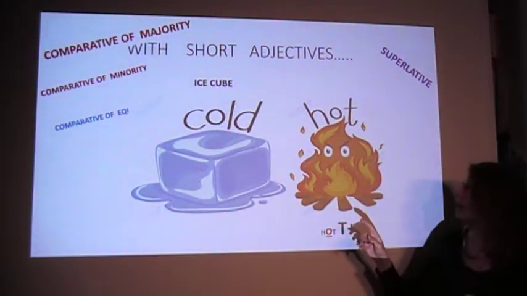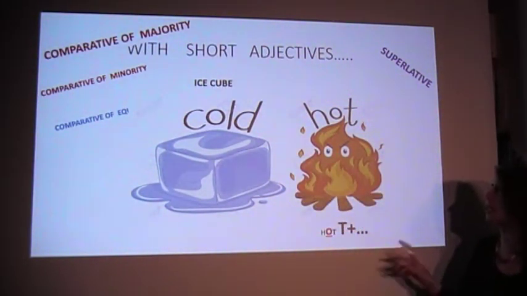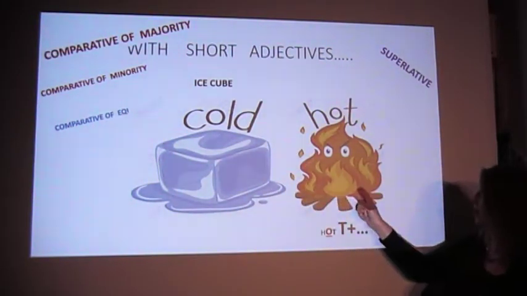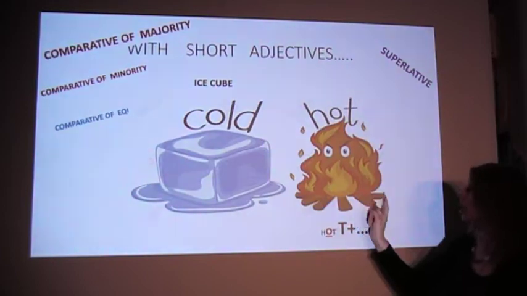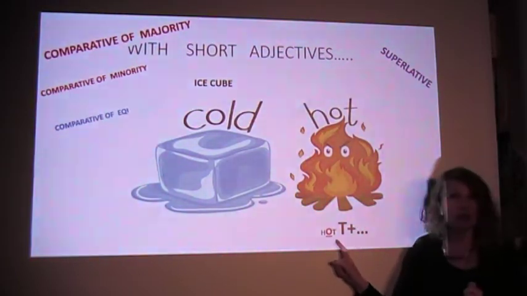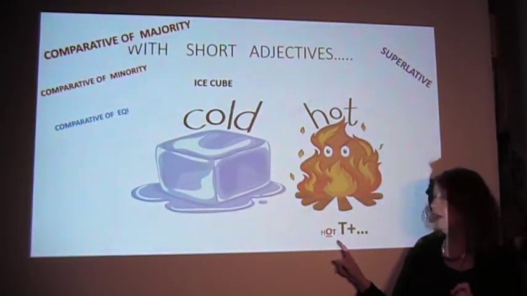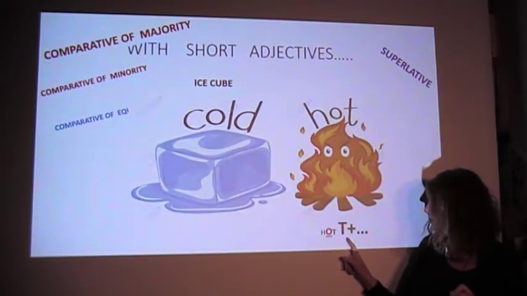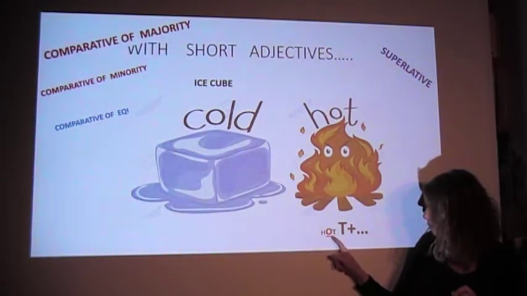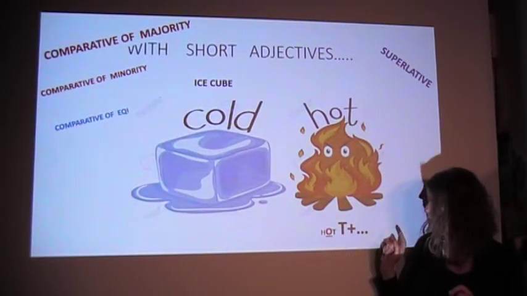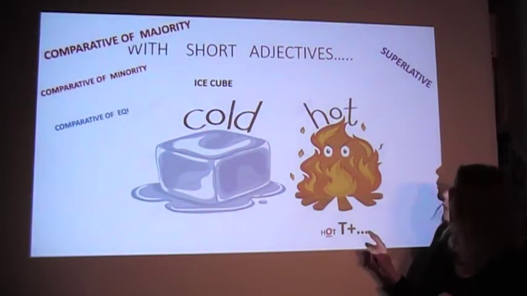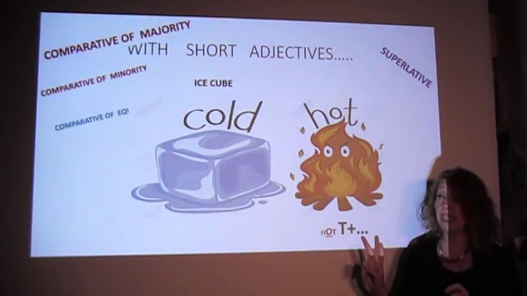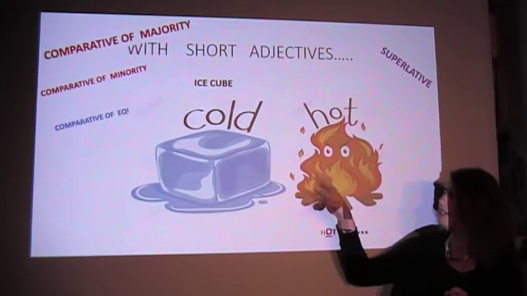Okay, also always with short adjectives here. The ice cube is colder than fire, and fire is hotter. Remember that with a short adjective ending with a consonant that has a vowel before, you have to double the consonant. So fire is hotter, with double t, than the ice cube.